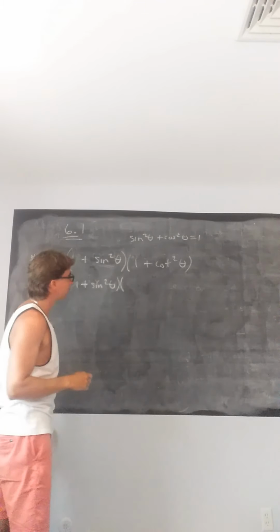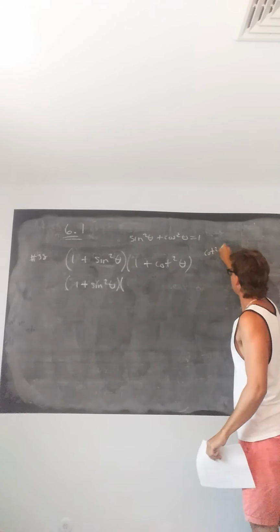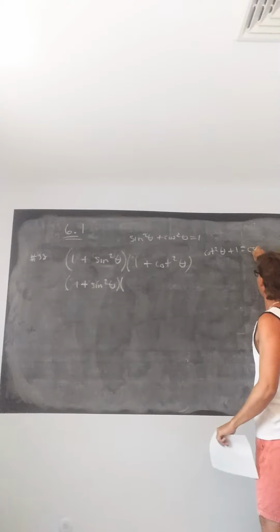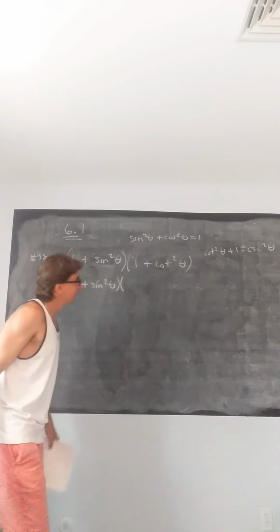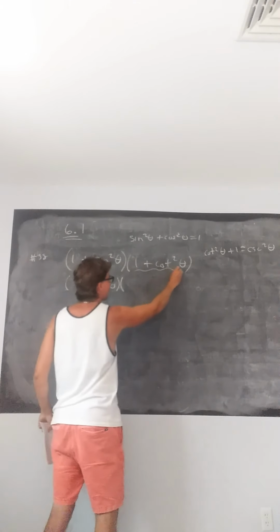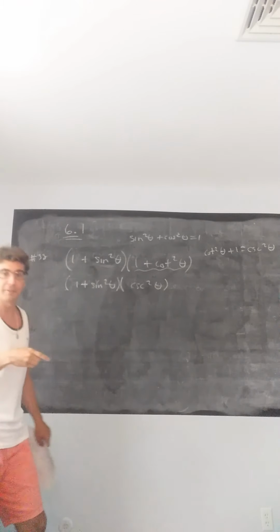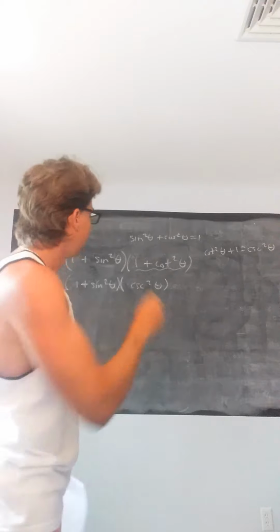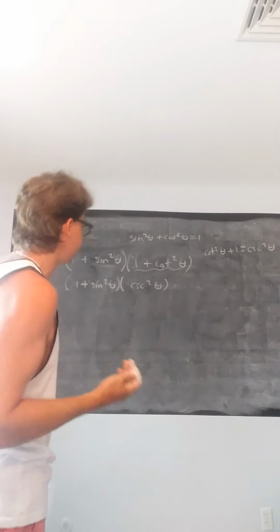So 1 plus cotangent squared, remember what the identity here is. If you have cotangent squared theta plus 1, that's equal to cosecant squared theta. And guess what? That's exactly what we got. So this guy right here is going to become cosecant squared theta, just like that. And now this makes the problem nicer because now we can just go ahead and multiply using plain old distribution.